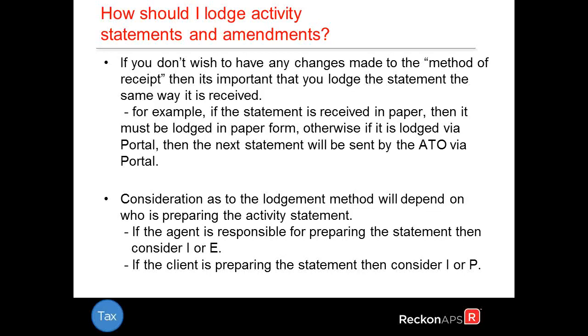Whereas if you're a practice where the vast majority of your clients are preparing their own statement, you might consider going I for Internet, which is the business portal, or P for paper. Okay? And in that case, if it's paper, the agent will receive the paper document potentially and then forward that to the client, or you may elect to have that paper document sent directly to the client.